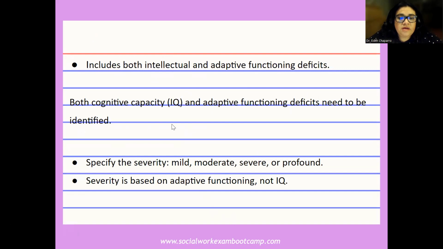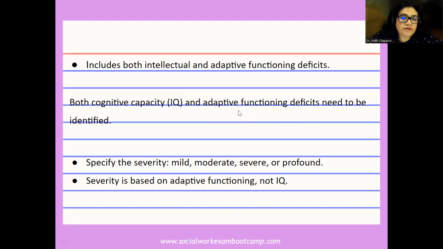Intellectual is IQ, the cognitive capacity or ability, so you would need an IQ test. You would also need to assess if the client has adaptive functioning deficits. Both of these need to be identified.